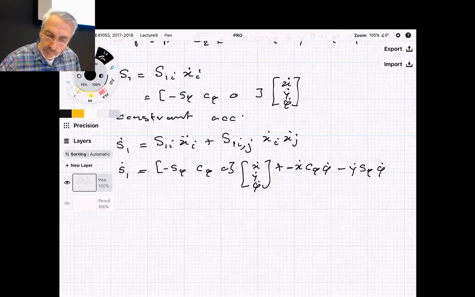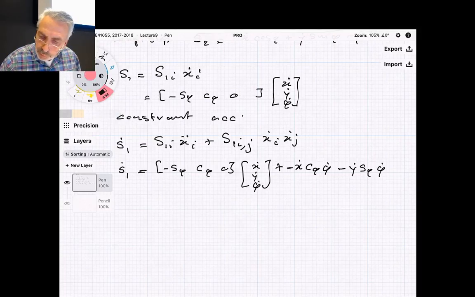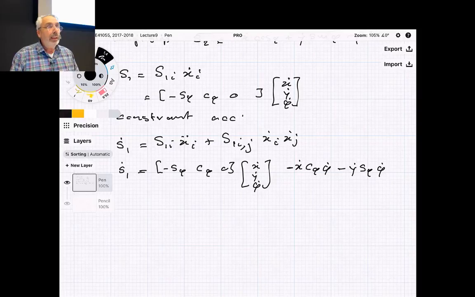And those are these convective terms, or the ones which are quadratic in the forward speed. Now there's actually a nice way to write this. I can write this as this Jacobian.